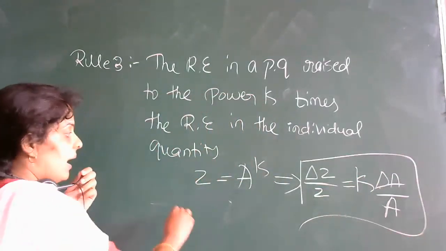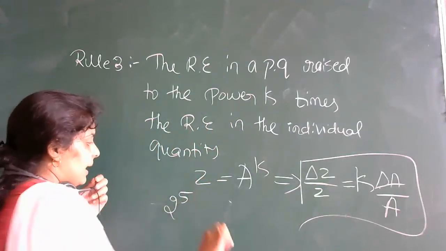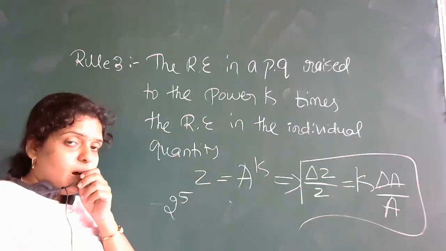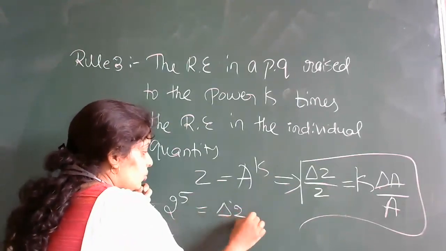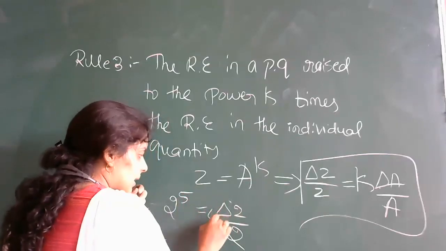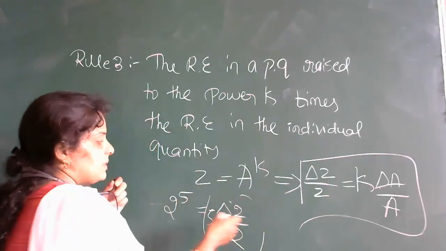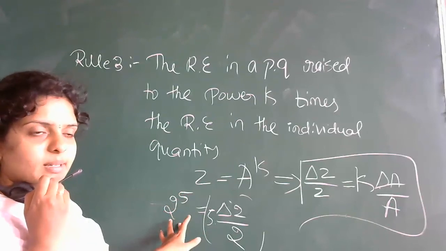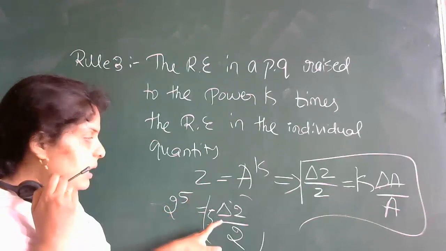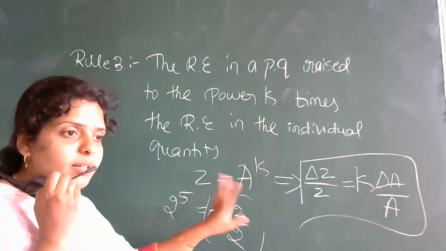Suppose if you have a number like 2 to the power 5, then how are you going to express it? You are going to express it as what? That is delta 2 divided by 2 multiplied by 5 times. This is just an example, just I am giving you how it will be. That is 2 raised to 5. Suppose you have 5 times relative error in 2.